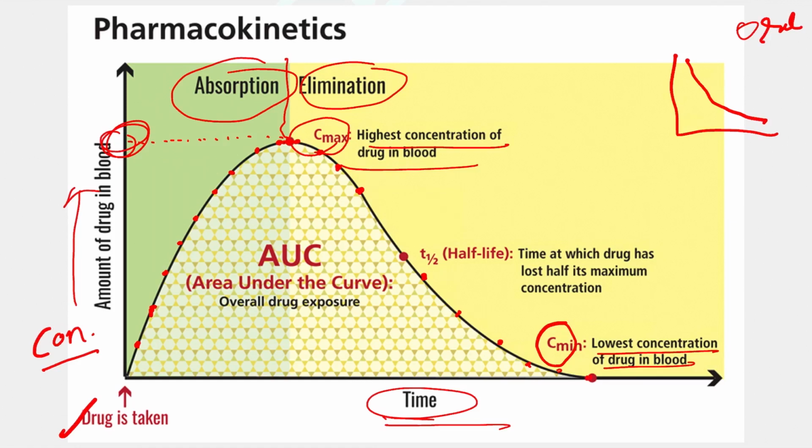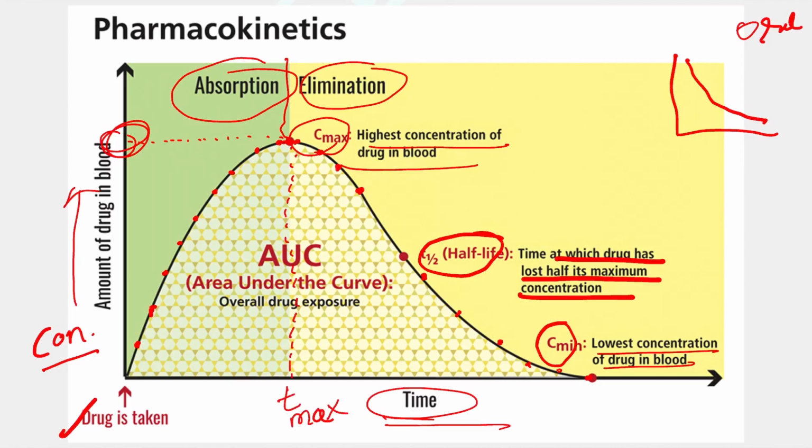And what is T half? That is an important thing. What is the T half of a drug? It is the time at which the drug concentration reaches half of its maximum concentration. This is the time to reach the maximum concentration. It is also called Tmax. And the time to reach half of the maximum is this.